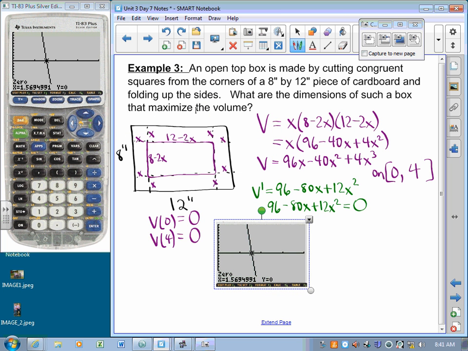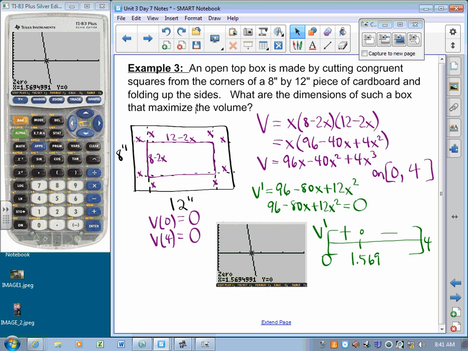So what have I got? On the interval 0 to 4, V prime changes from positive to negative at 1.569. College Board says 3 decimal places truncated or rounded. Volume is increasing until 1.569, and then for values of x greater than 1.569, volume is decreasing.